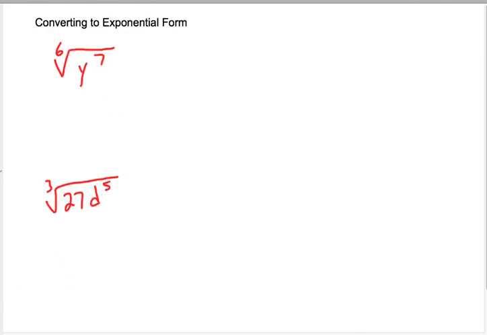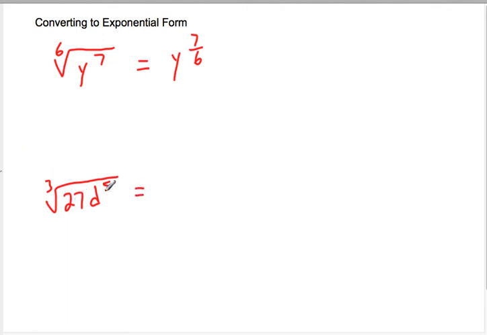All right, converting to exponential form. Again, that's like the fraction. So the 7, that's always going to go on top, right? Because y to the 7th power. And then the bottom of the fraction is always the index here. So that's actually not too bad. Here we have 27.